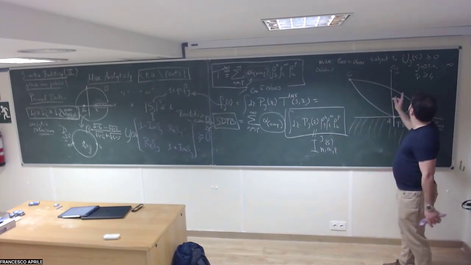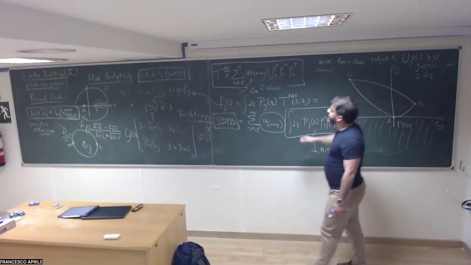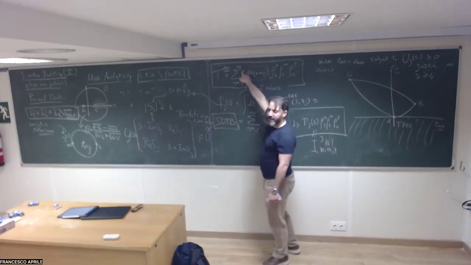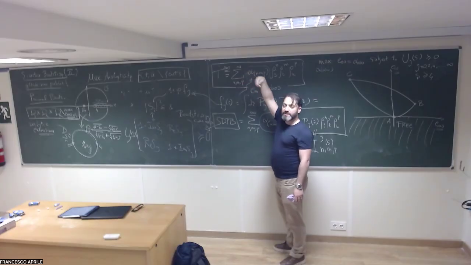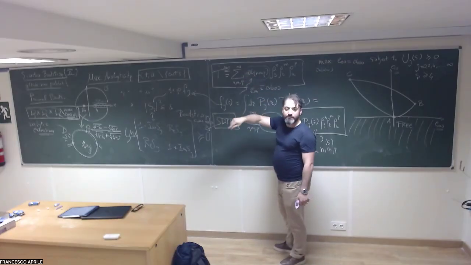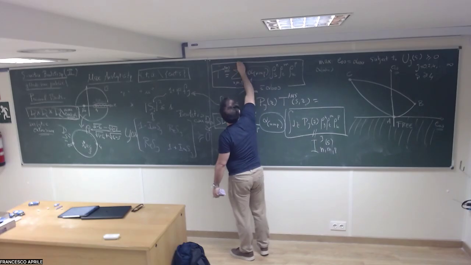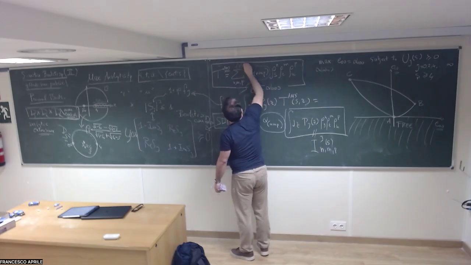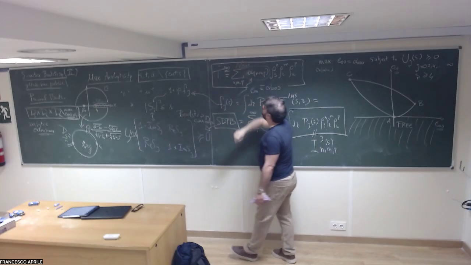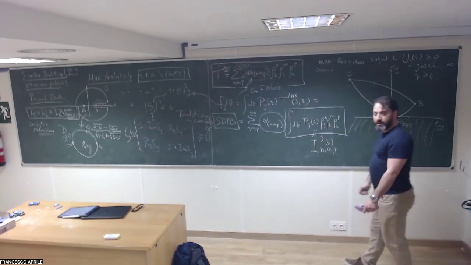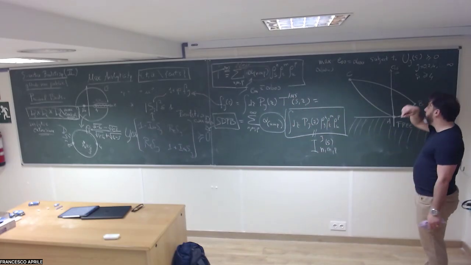Two things here. First of all, this infinity here is dangerous because you don't want to sum over infinite terms. So you want to truncate here. It will be some n max parameter that tells you how many terms in the sum you want to put.